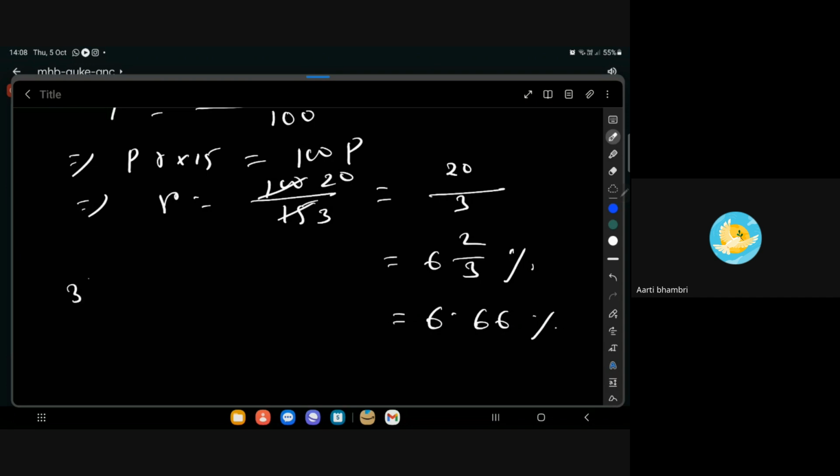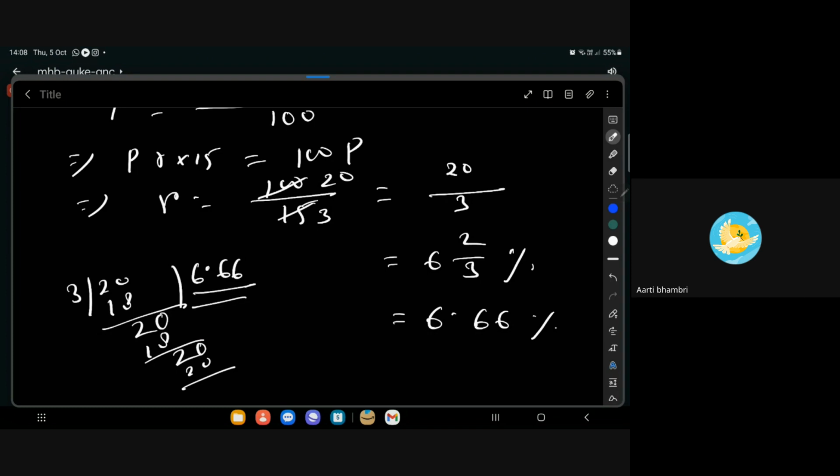Means 20 by 3, if you divide it, 3 6 18, so 2 will come. It is not divisible by 3. A point will come here after 6, and 10 you can bring. So 3 is 18. Again 2. Again due to this point, again 10 you can bring. So 6. So it will continue. So 6.66%. Or from this one also you can write 6 and 2 by 3.